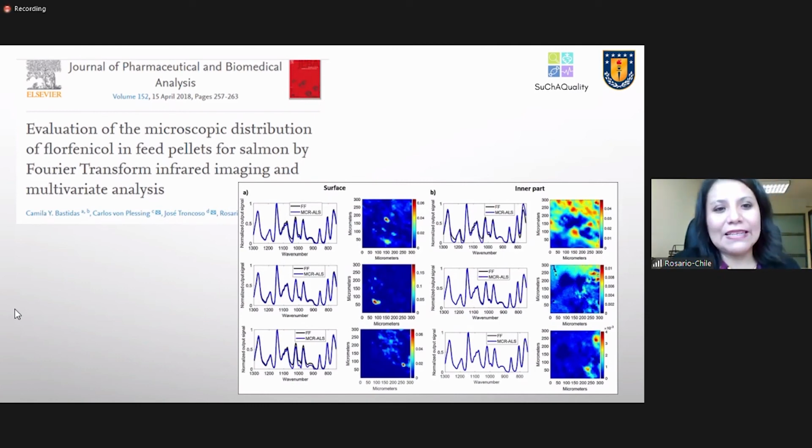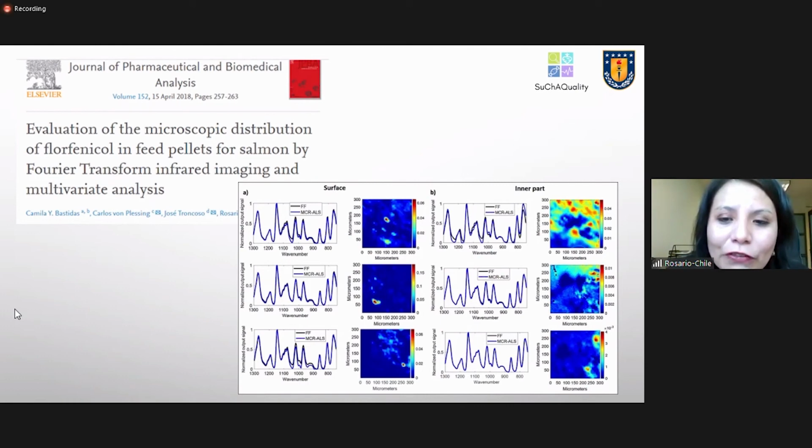And this pellet has around or even below 1% weight concentration of florfenicol. And the pellet has a dimension of about 2 centimeters and 3 centimeters, depends on the salmon size. But the concentration is very, very low.